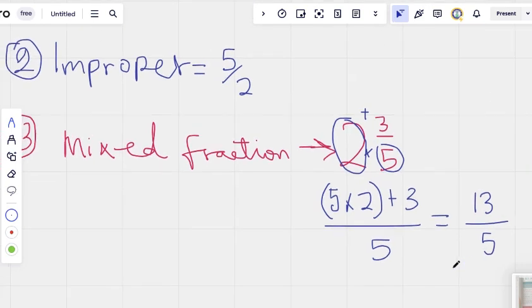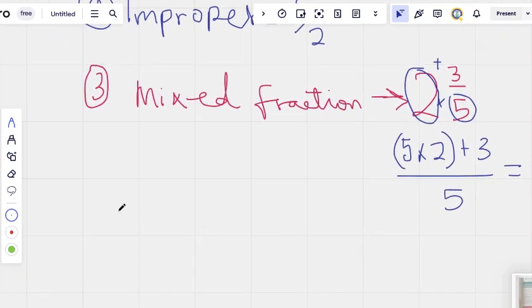Now, if we want to change this same 13/5, which is improper, to a mixed number or mixed fraction, what do we do? We find how many times 5 can go into 13 without a remainder. It can go twice, because 5 times 2 is 10, and 5 times 3 is 15, which is too much.